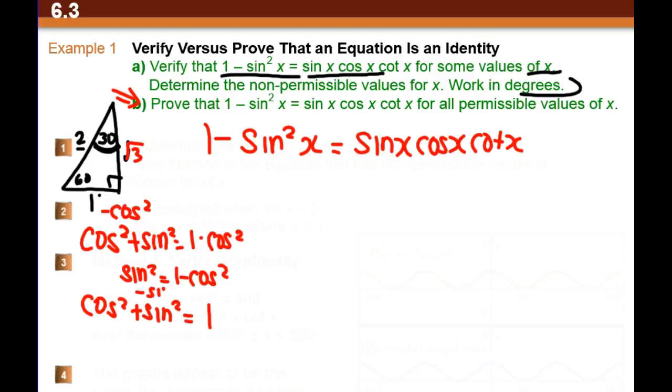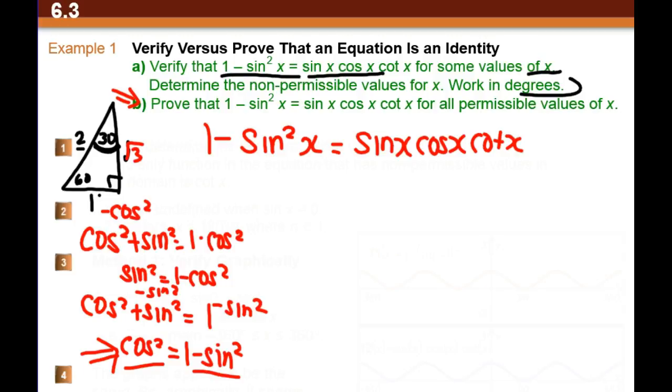If I subtracted the sine squared over, I get cos squared is equal to 1 minus sine squared. So I could subtract the cos over, or I could have subtracted the sine, and that is still the same equation, it's just I manipulated it a little bit. Do you see this one? 1 minus sine squared is equal to cos squared.